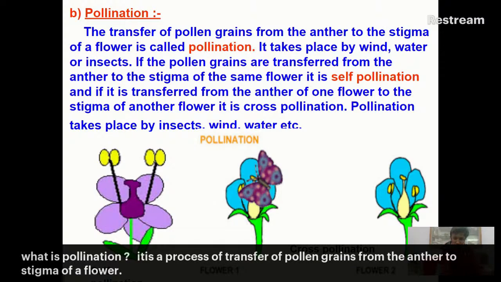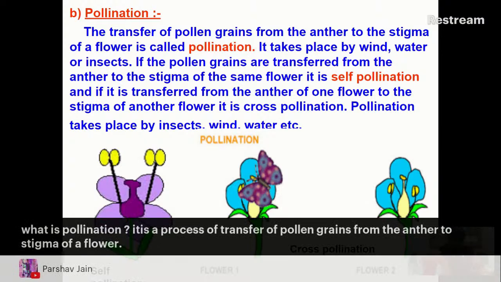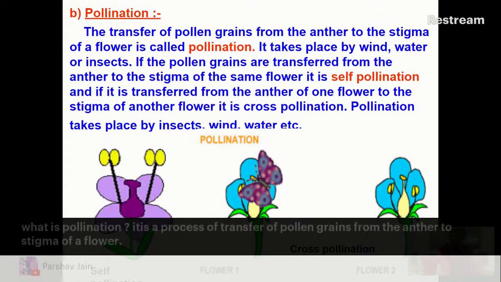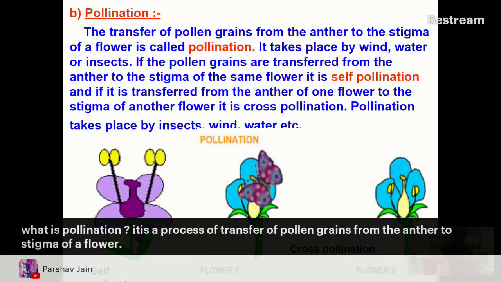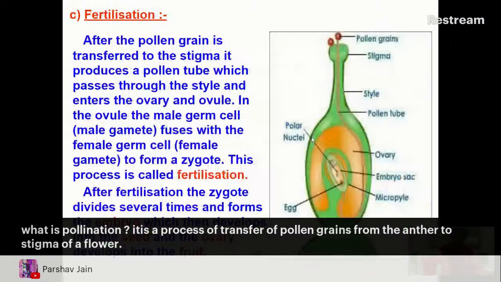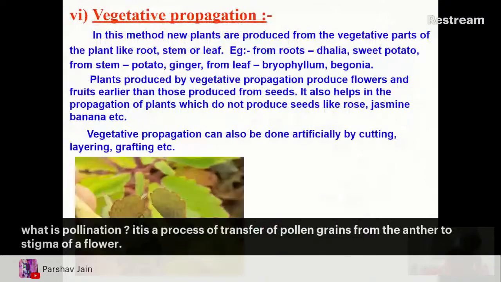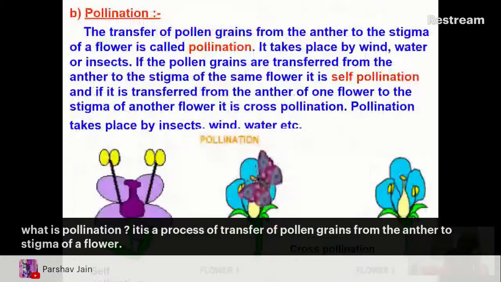See here, that is the question: what is pollination? Transfer of pollen grains. One time I am again showing to you, that is called pollination.